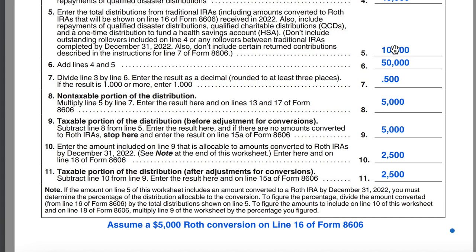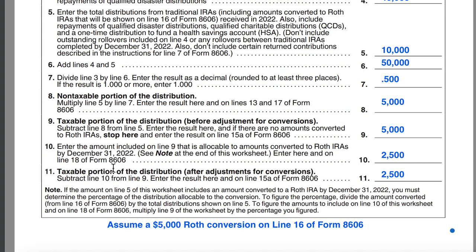So 50% of the distribution would be allocable to the Roth IRA conversion. So we put in $2,500. This would also go on line 18 of IRS Form 8606.